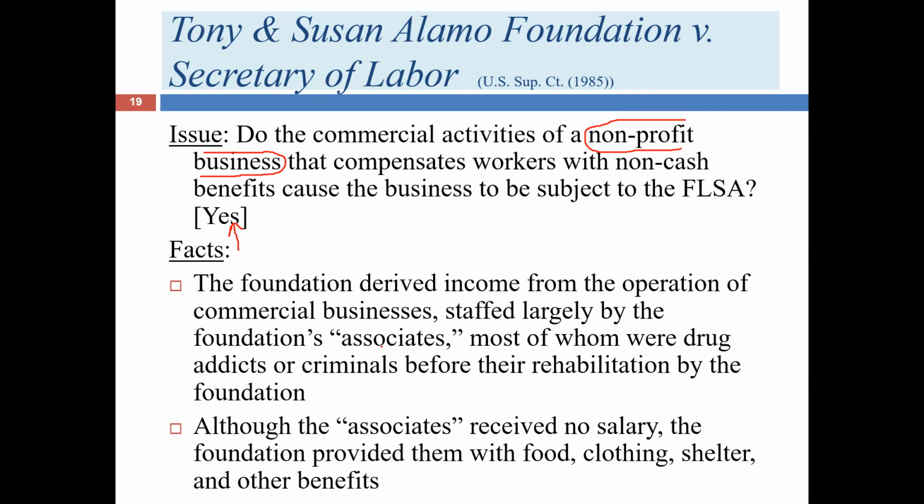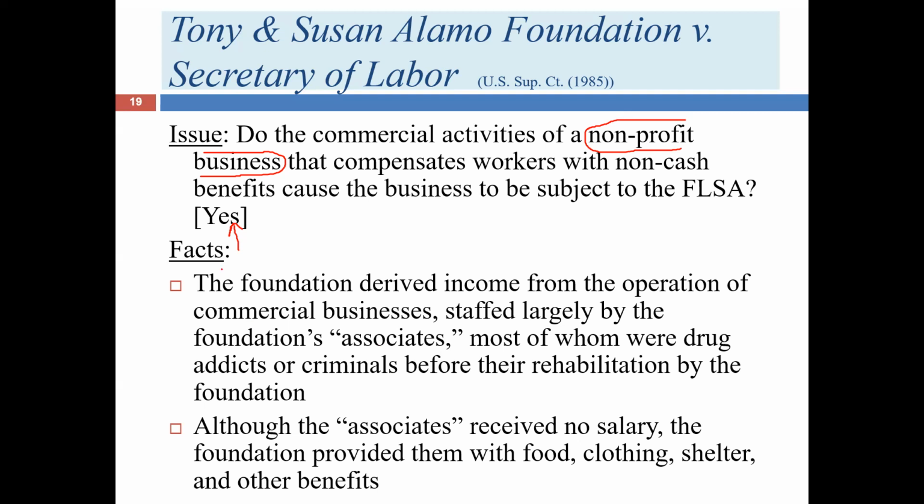Maybe they had been released from prison and couldn't figure out how to maneuver in the world at large. And so they were being helped, or at least that was the concept of this foundation, that they were going to be helped to be rehabilitated. And while they were being rehabilitated, they were going to help in these associated businesses.